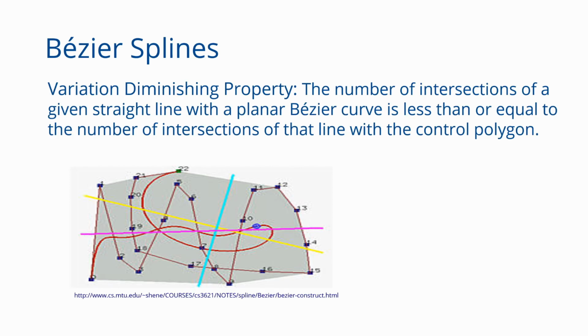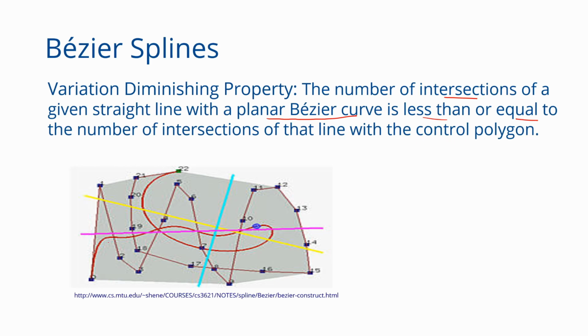Then this is the property that I was talking about that controls the wiggliness of the curve inside the control polygon, and I'm going to state this without proof. The property is called the variation diminishing property, and it is stated as follows: the number of intersections of a given straight line with a planar Bezier curve is less than or equal to the number of intersections of that line with the control polygon.